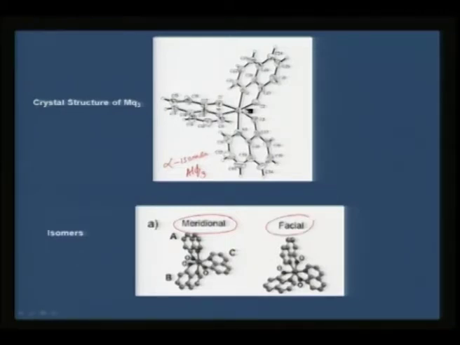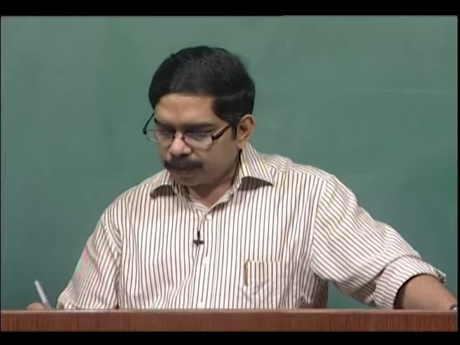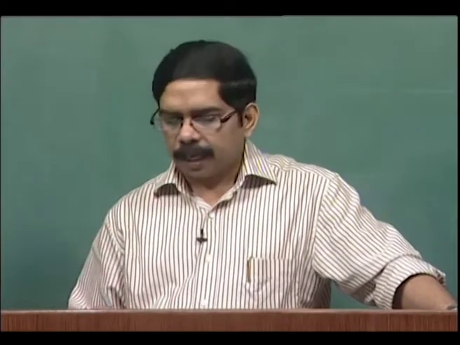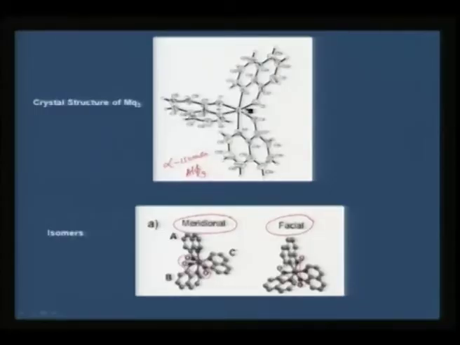Meridional isomer has a core structure which has 2 oxygens in close proximity against one away from these 2 oxygens, or these 3 oxygens can be equidistant.